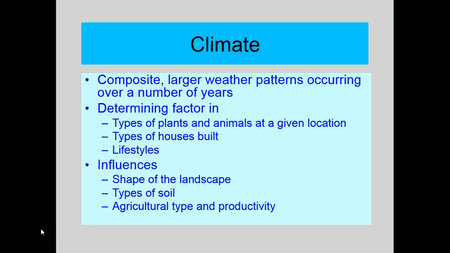The dinosaurs were probably wiped out over at least decades or centuries, you know, for them all to, whatever happened, okay? Now, so basically climate, we're talking big things. So types of plants and animals at a given location, climate's going to determine that.